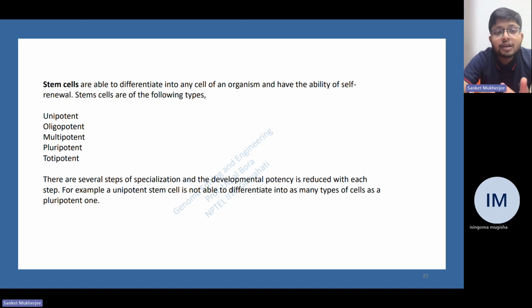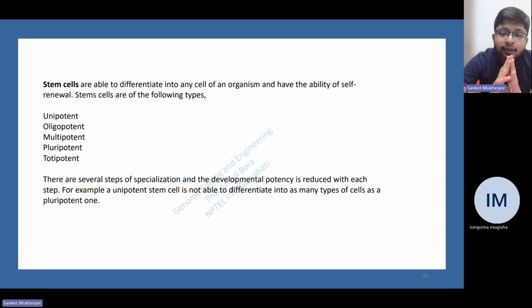Basically, stem cells are of the following types. They could be unipotent, oligopotent, multipotent, pluripotent, and totipotent. If you see the plasticity of these stem cells, this would be the order. Totipotent cells can form an entire organism, including the placenta.